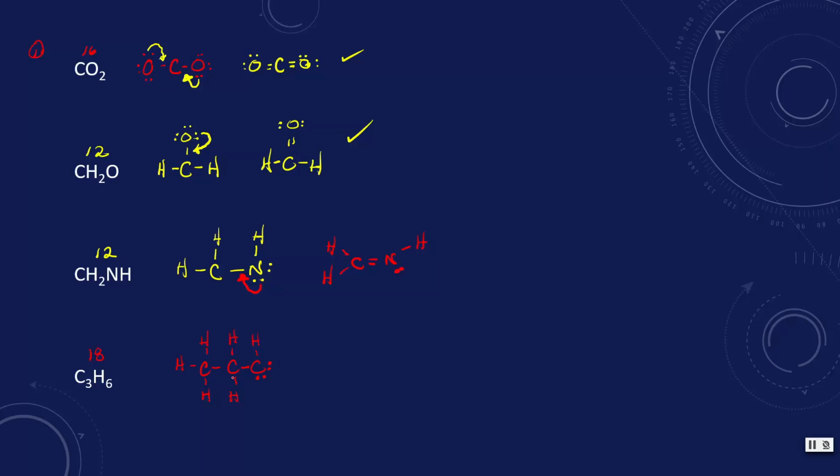Okay, I don't have any on my central carbon. Okay, that's wrong. Let's try it again. I need to have a lone pair on my central atom. So we'll just put one hydrogen on the central atom.